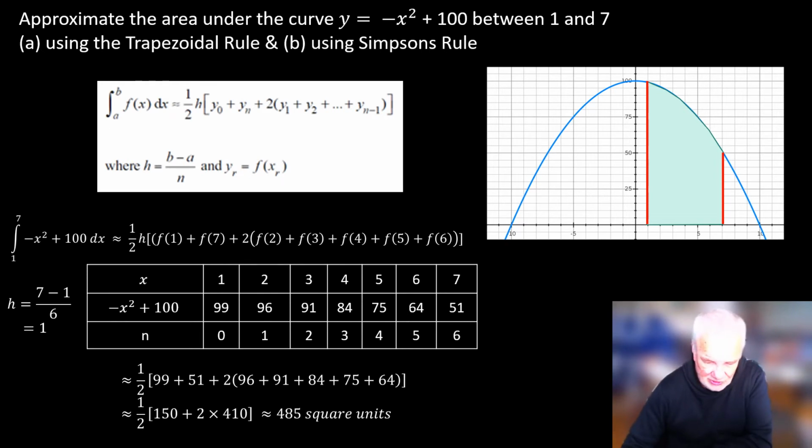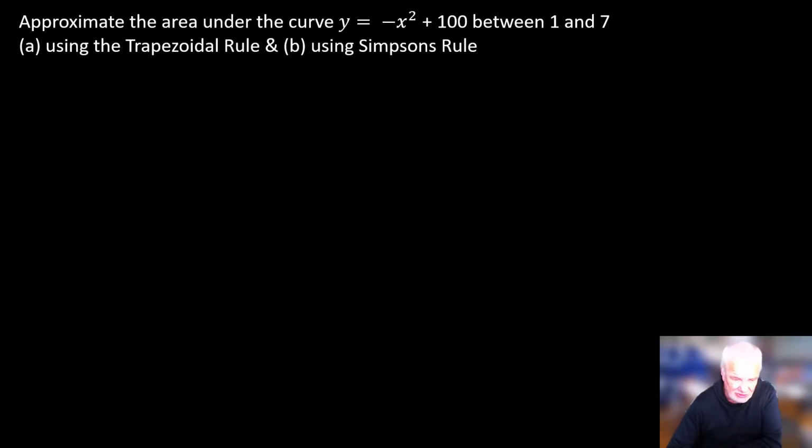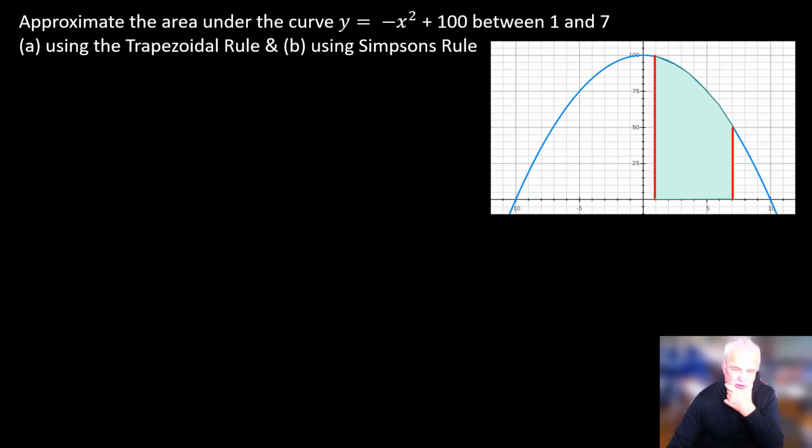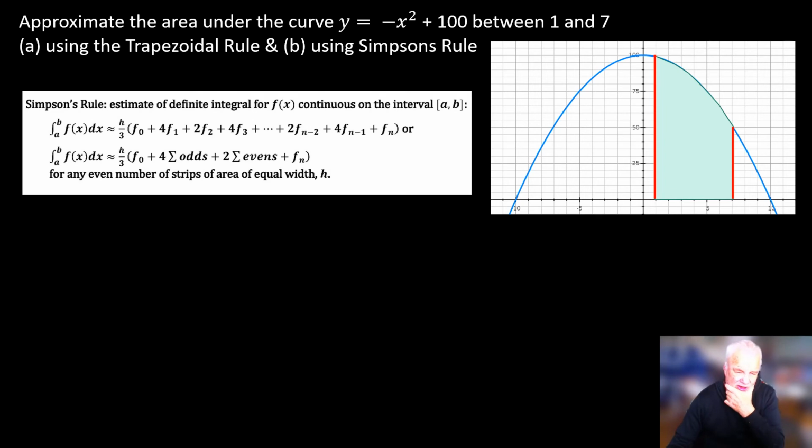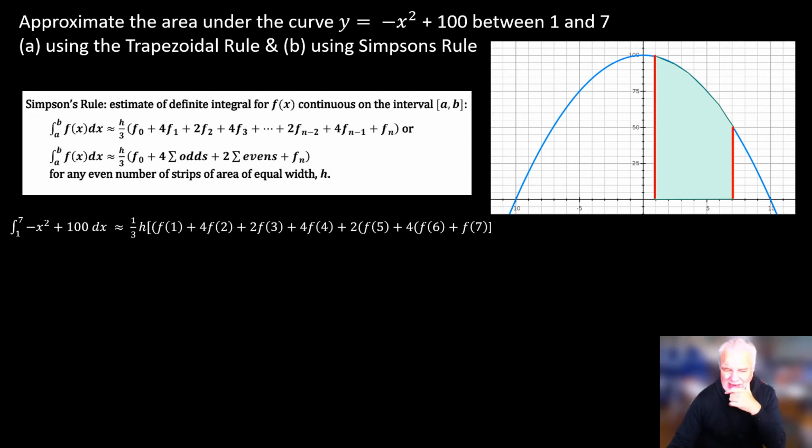All right, so now we want to do the same thing using Simpson's rule. So same graph, same deal there. There's Simpson's rule, written out exactly the same between 1 and 7.